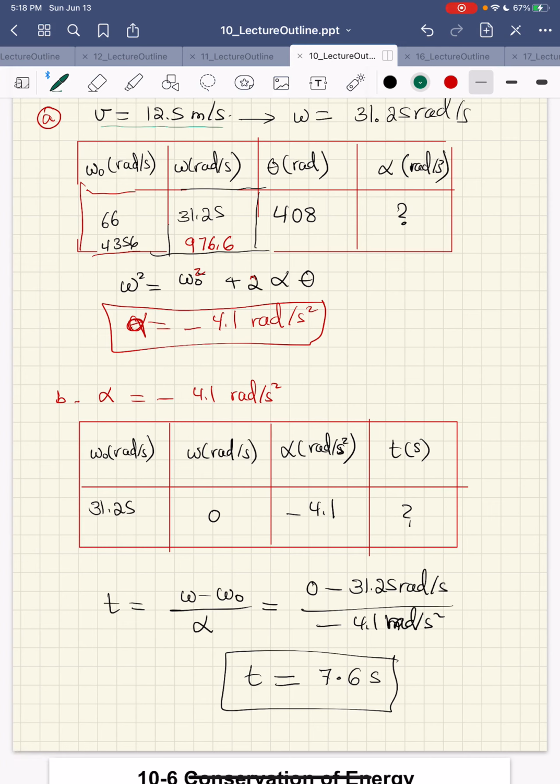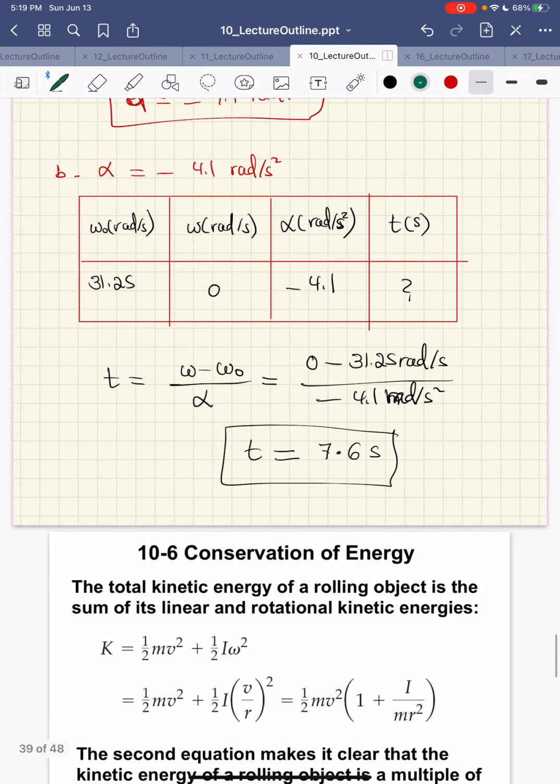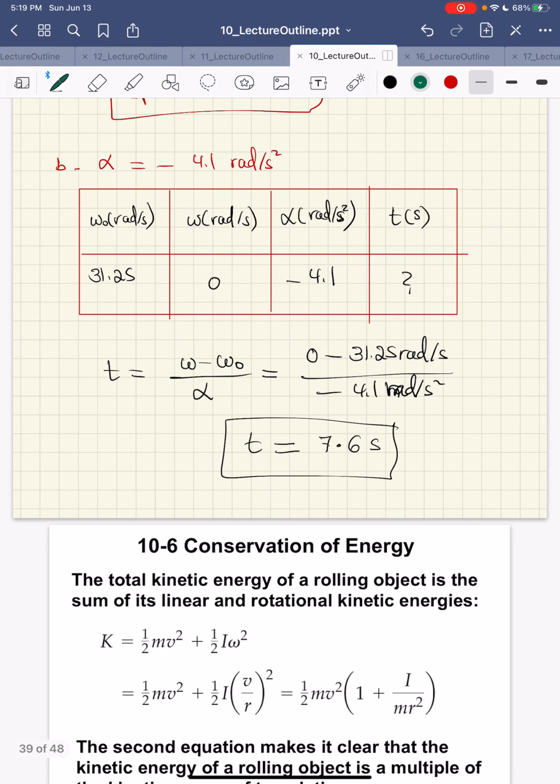The initial velocity is 31.25 and the final is 0, and alpha is negative, don't forget, negative 4.1, and t is to be calculated. And t here equals 7.6.